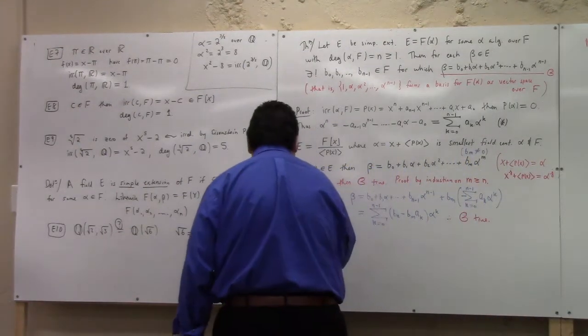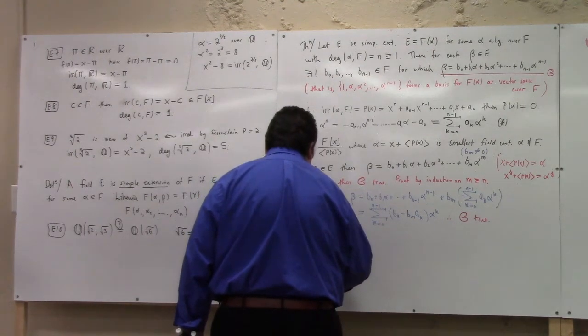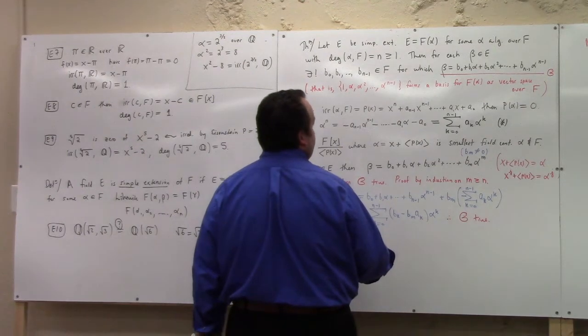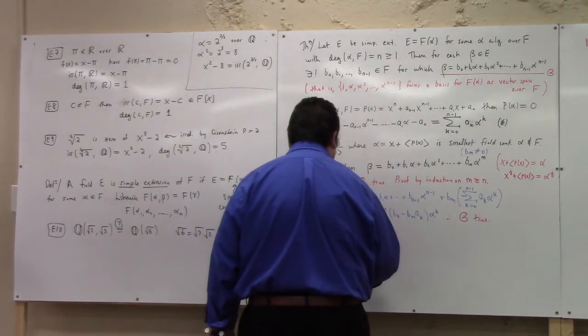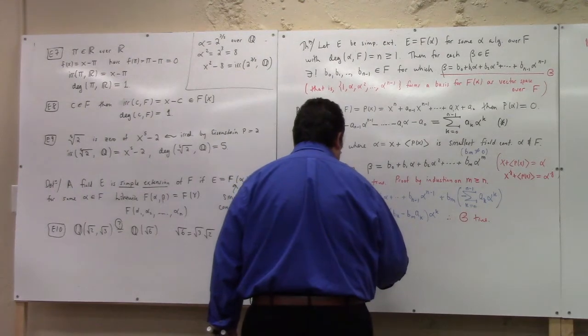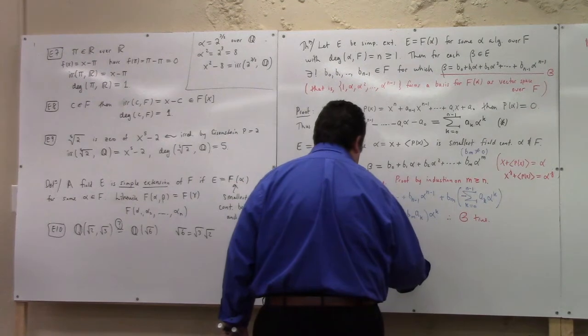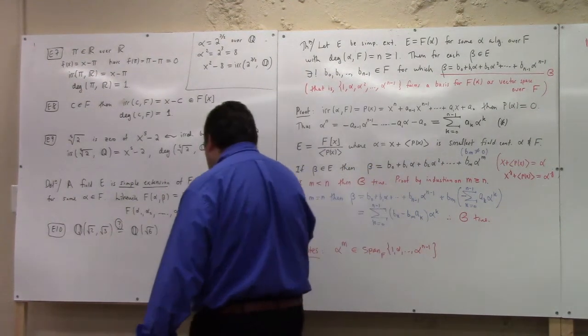Let me just make this comment. In the notes, I basically looked at the claim that alpha to the m is an element of the span over F of 1, alpha, up to alpha to the n minus 1, which is just another way of saying Pac-Man happy.